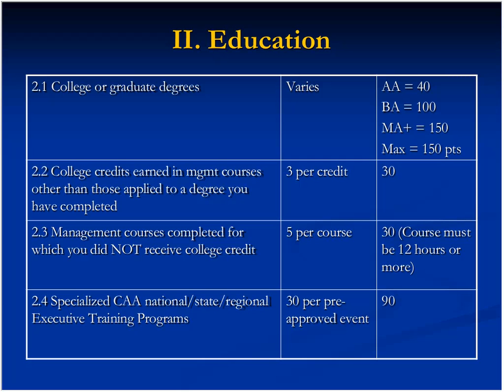Section 2.2 in education is for college credits that you earned in management courses, other than those you applied to a degree. So if they're part of the courses in that degree that you just claimed, they don't count. Let's say you went to a college afterwards to refresh your knowledge and understanding, maybe on human resource management or accounting skills, you can then claim those additional courses.